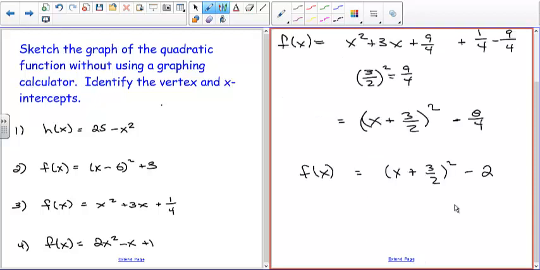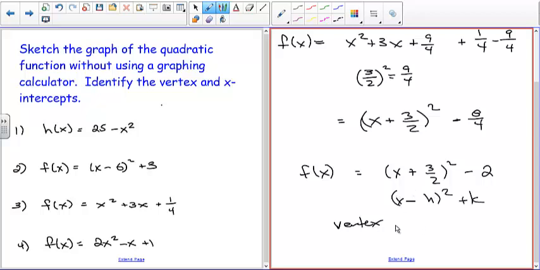Simplify that fraction. So now at this point we can find the vertex. It's x minus h squared plus k.